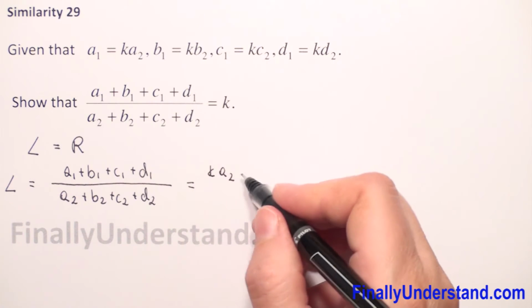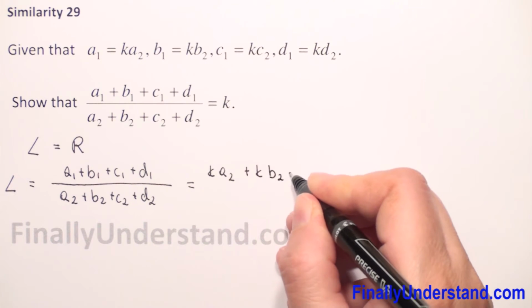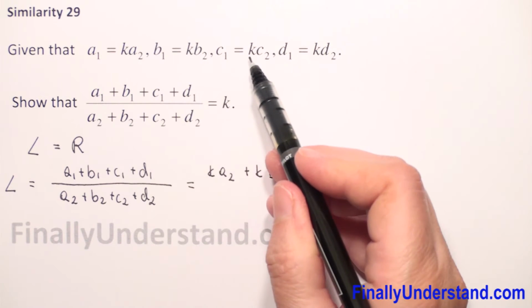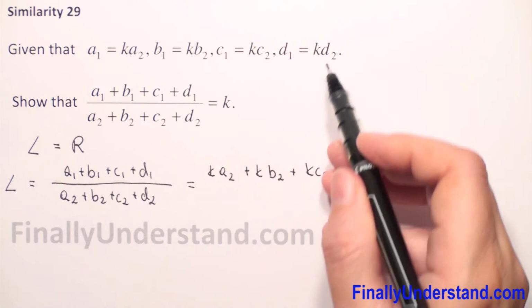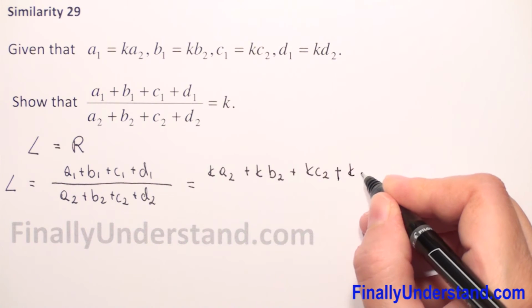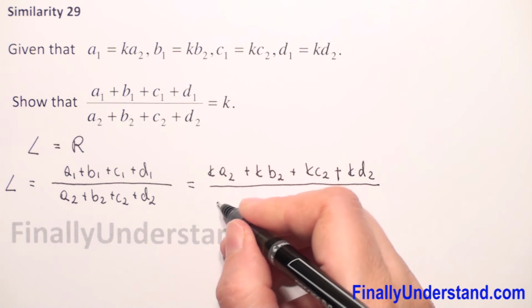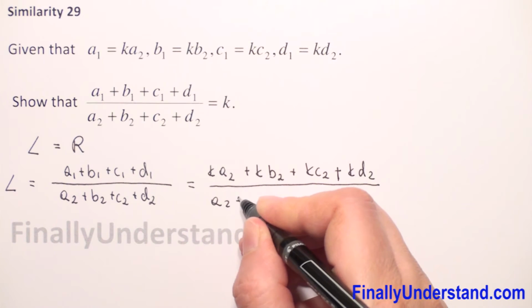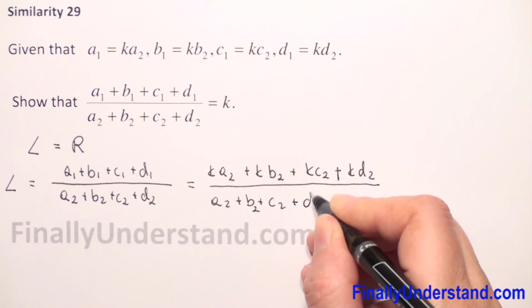B1 is K times B2, so we substitute B1 also by K times B2. C1 is K times C2, and D1 is, of course, K times D2, over A2 plus B2 plus C2 plus D2, which we copy.